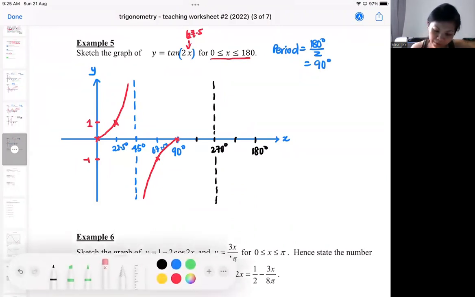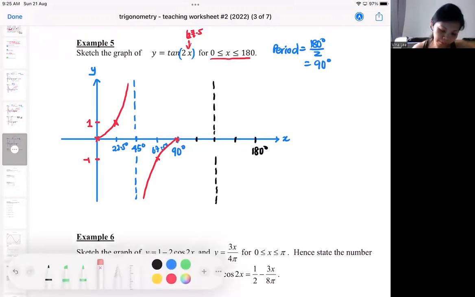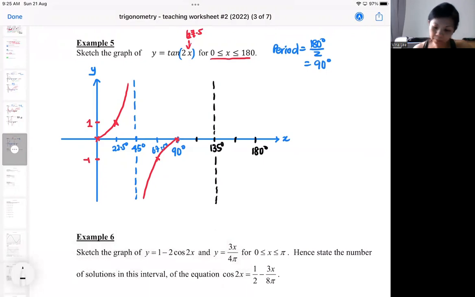I think I got this number wrong. This shouldn't be 270. Okay, this is 135. So if you use this value, again, there's a guiding point to guide you. So here, there's another guiding point. So that's how tangent 2x looks like.